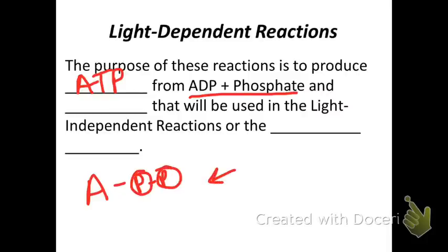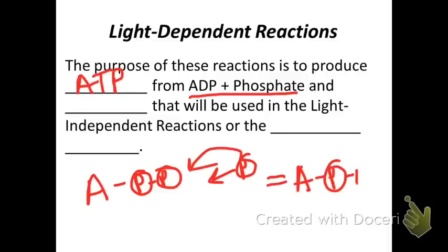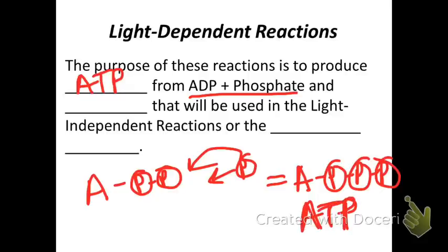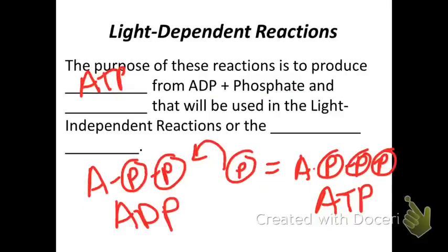And so when we add another phosphate to it, that's going to give us an adenosine with three phosphates attached, which would then give us ATP, adenosine triphosphate. So all we're doing in the process to make ATP is adding a phosphate to our ADP.